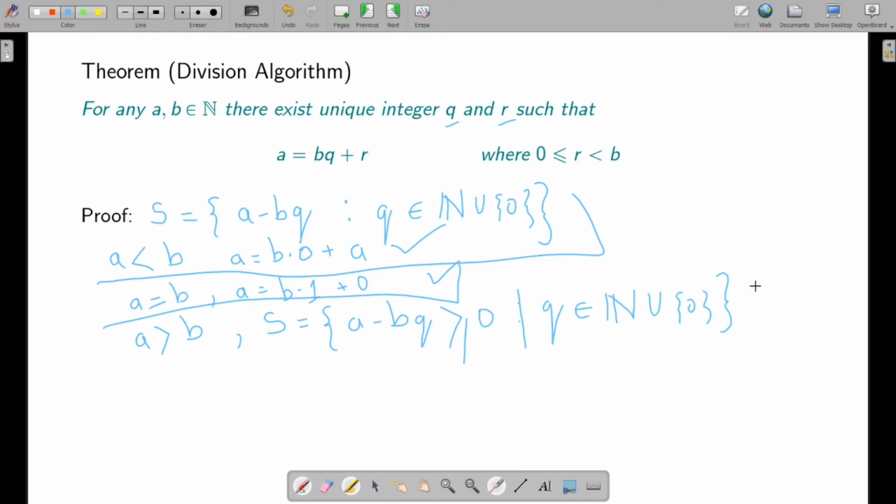See, this here is a subset of the set of whole numbers, that is N union 0. If I prove that this is non-empty, then it will have a least element. Can someone give me one simple element that lies inside S?